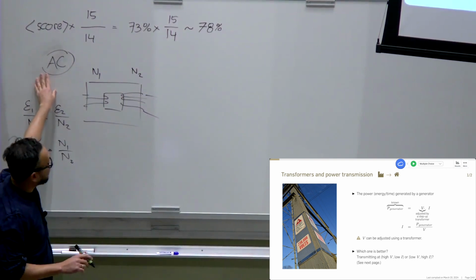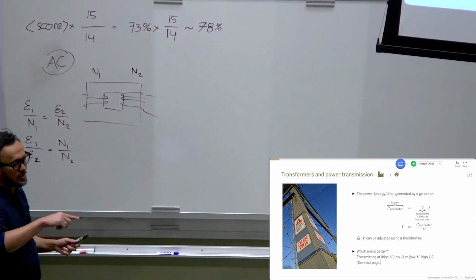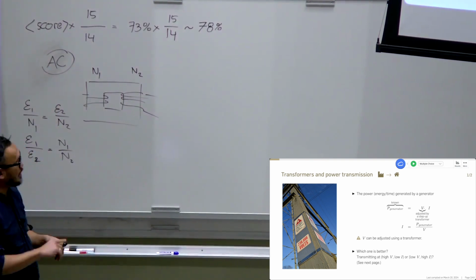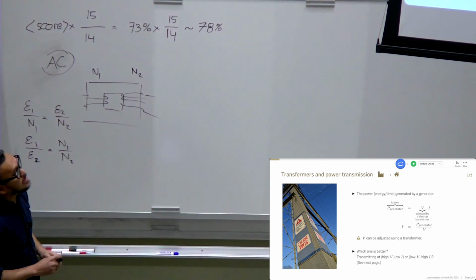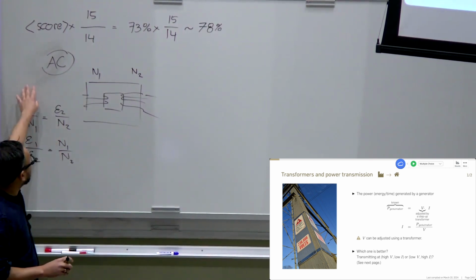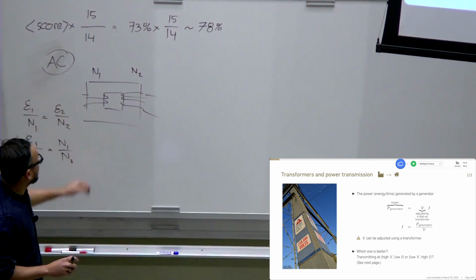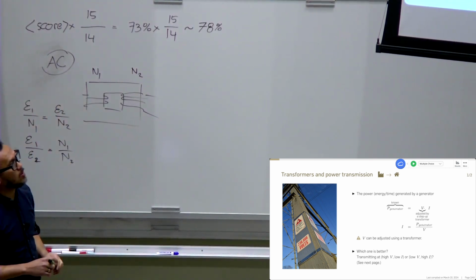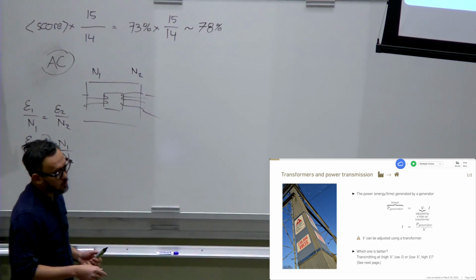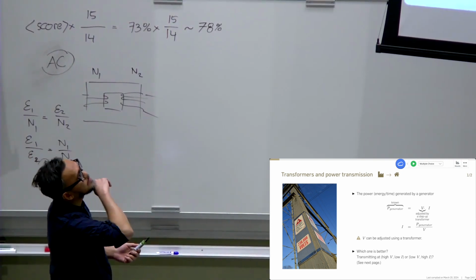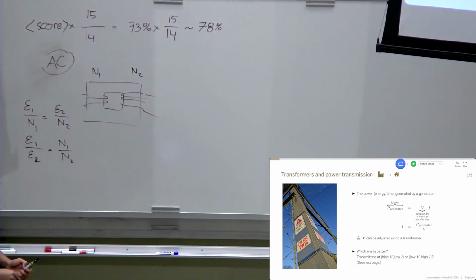That itself fluctuates the current from positive to negative. So AC is convenient. Another important thing is that for transferring electricity over a long distance, it's better to do that at a high voltage. This is why you see all those signs near power lines.